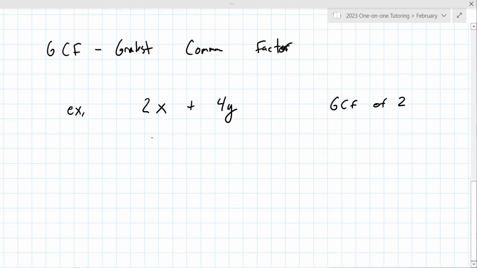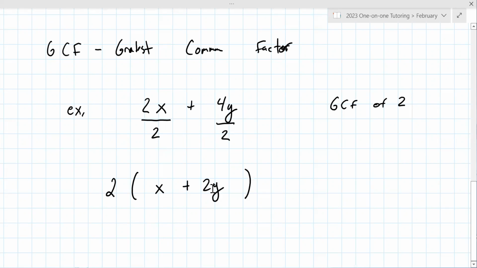So both would have 2. Here's another way to look at it. Are both 2 and 4 divisible by 2? Yes. So if we put a 2 on the outside here and we divide each of these by 2, can you tell me what would go inside parentheses? x plus 2y.